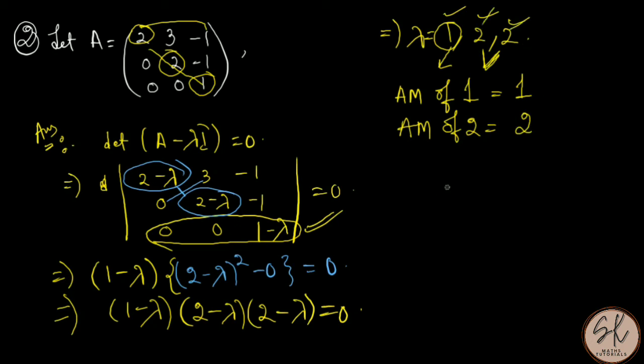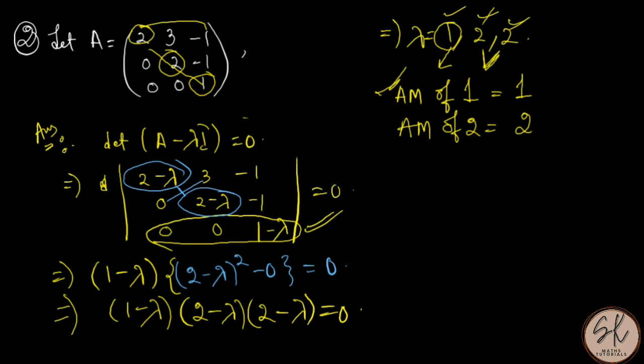Now next we will find the GM, the geometric multiplicity, of lambda equals 1. This is a result: whenever an eigenvalue occurs just once, its algebraic multiplicity is equal to its geometric multiplicity.